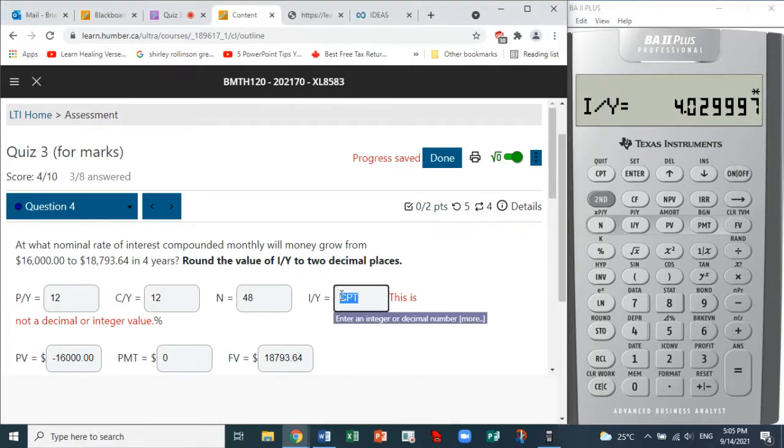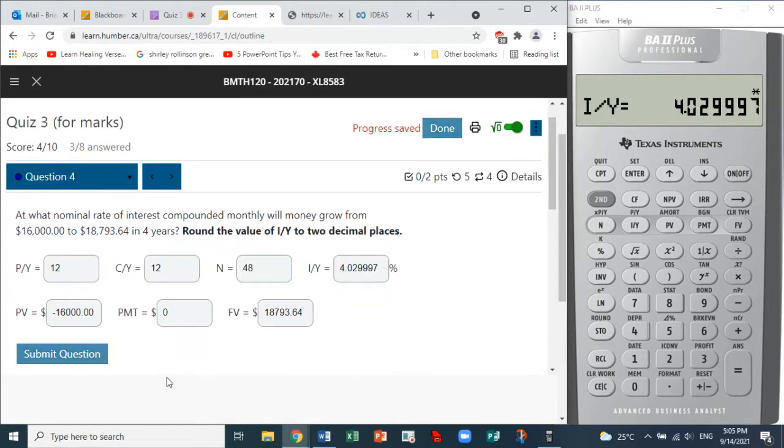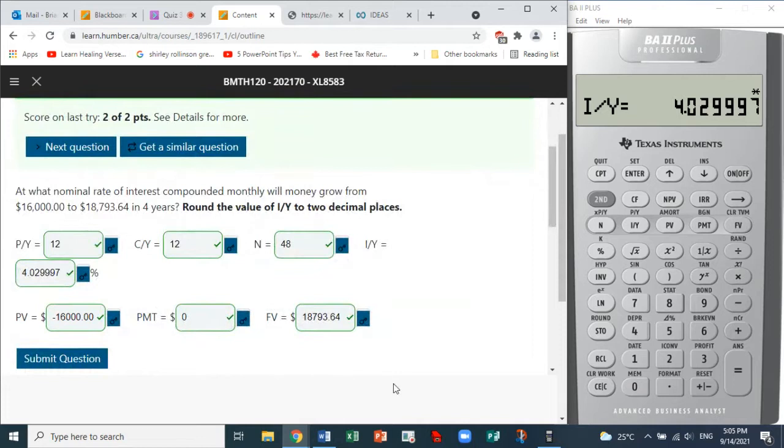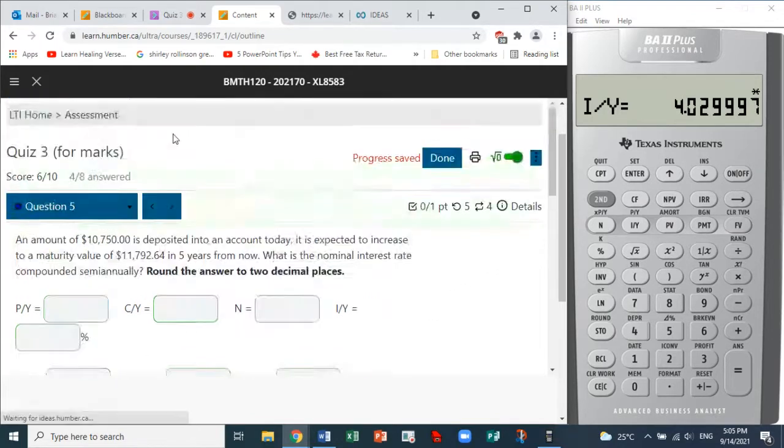It says 2 decimal places, but let's see if we put in the whole thing. I think it will surely accept it, and it does, yes. All right, but if you had decided to round it to 4.03 and we submit, it is also correct. So there we are. So that is question number 4.